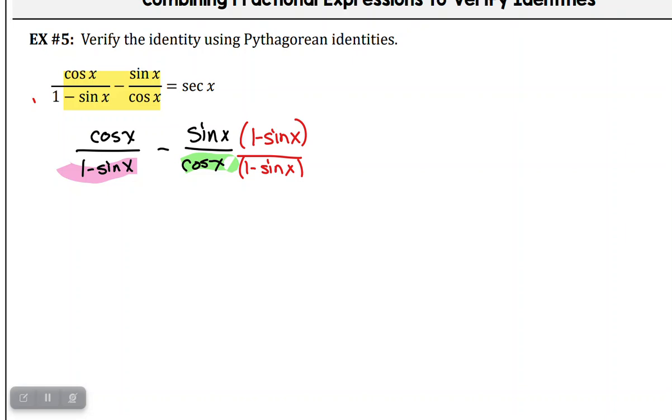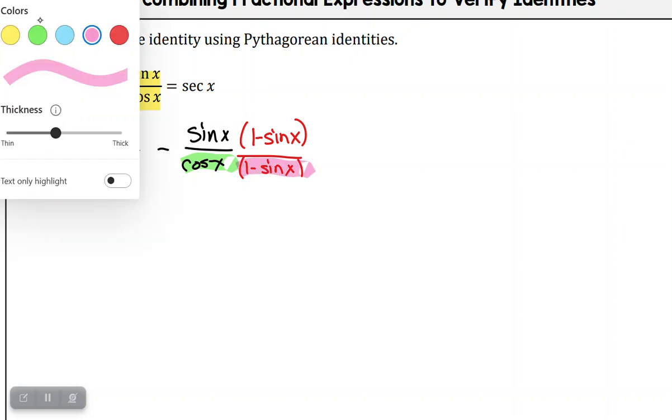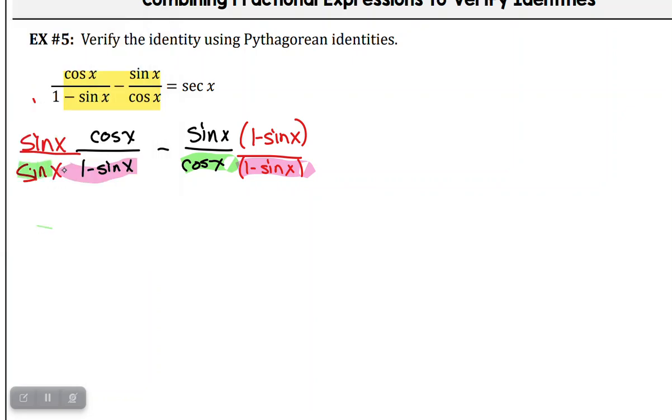And then over on the left side, I'm going to multiply this one by sine of x over sine of x. Now compare the two. You can see that on the right side and the left, they both have the same denominator. If they have the same denominator, I'm going to make one long one.